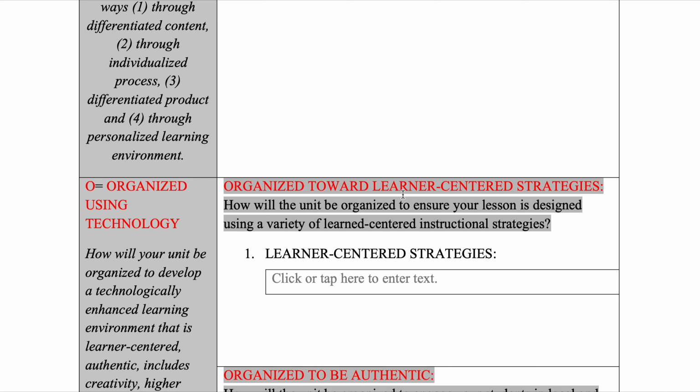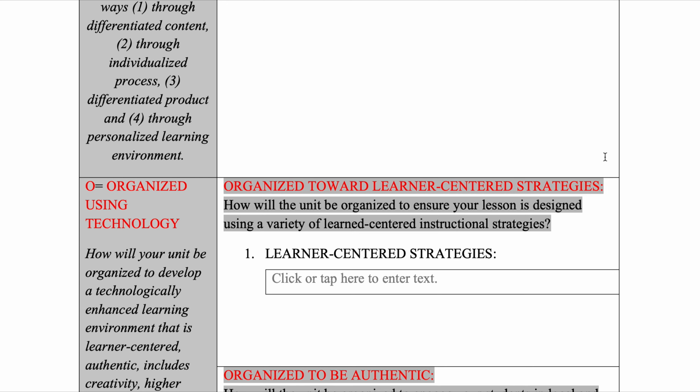The next section will be organized towards learner-centered strategies. Now, throughout the book, you will understand what is learner-centered versus teacher-centered. And in this section, you will indicate how exactly you plan on strategizing your unit to be more tailored to the learner, and making sure that the learner actually is engaged with your content.